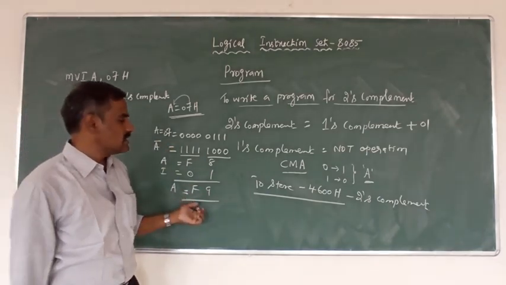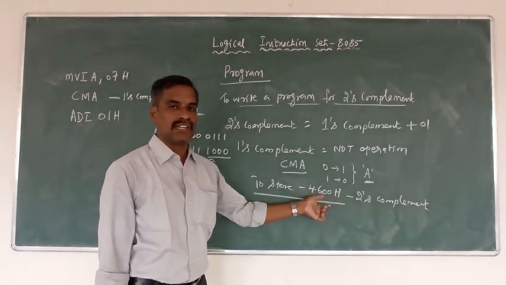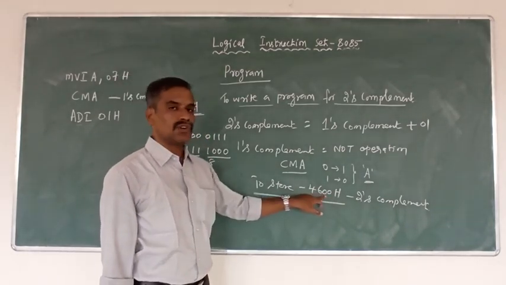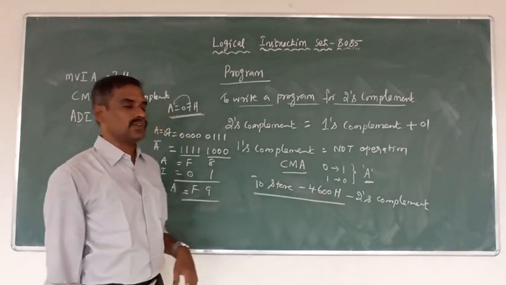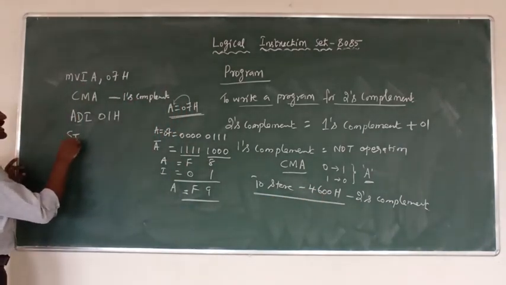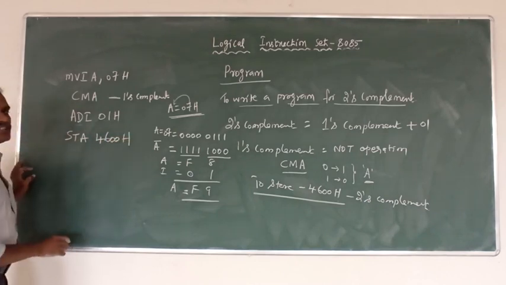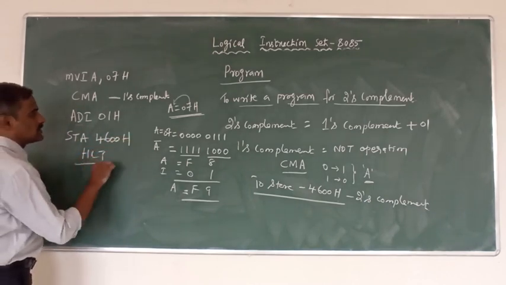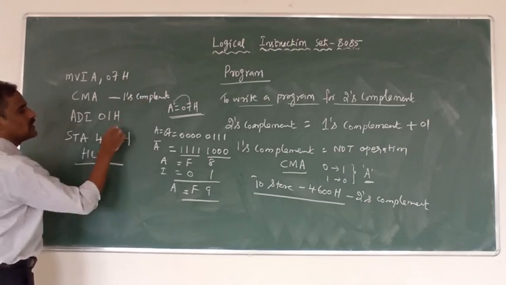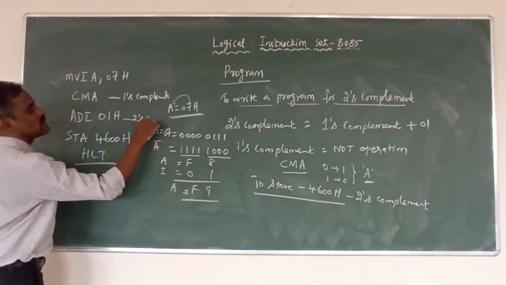That result is to be stored at this address location. The accumulator result we can store at 4600. For that we can use STA 4600H and HLT the program. This is for the 1's complement result and this is for the 2's complement result.